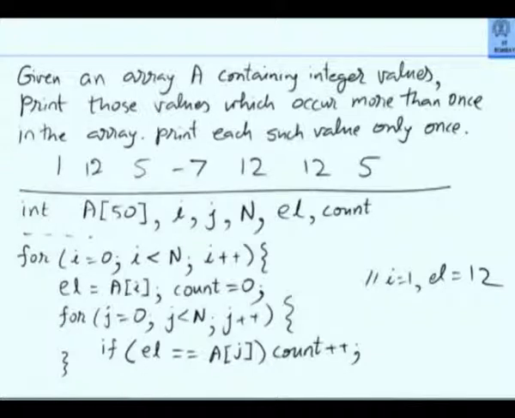So all elements are checked against EL. Is EL equal to A[j]? Is EL equal to A[0]? No. Is EL equal to A[1]? Yes. Count will become 1. Is EL equal to 5? No. Is EL equal to minus 7? No. Is EL equal to 12? Yes. Count will increase one more time. That means when I come out here, if count is 1, then that element has occurred only once. If count is more than 1, then that element has occurred many times.